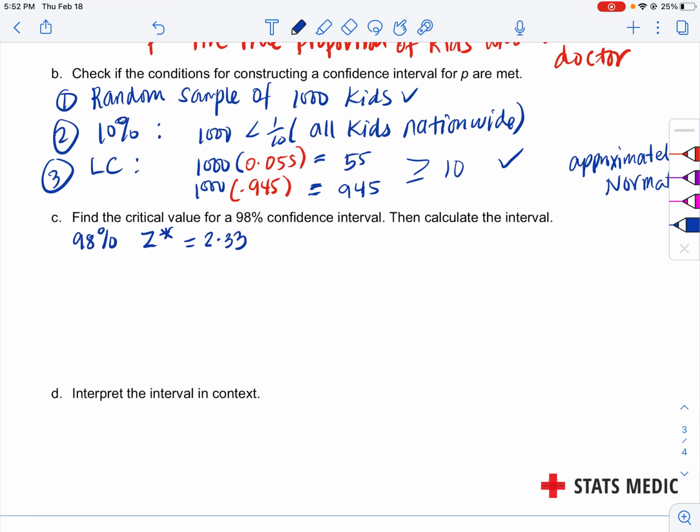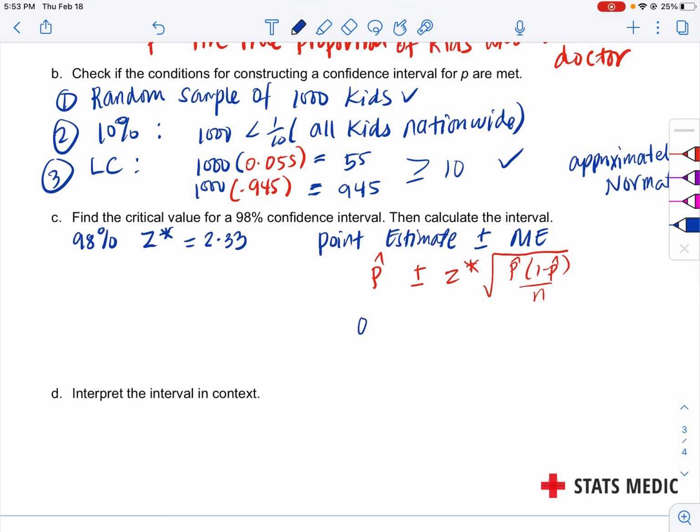Now, let's calculate our interval. We are going to do point estimate plus and minus the margin of error. The interval is p hat plus and minus z star times the square root of p hat, 1 minus p hat over n.